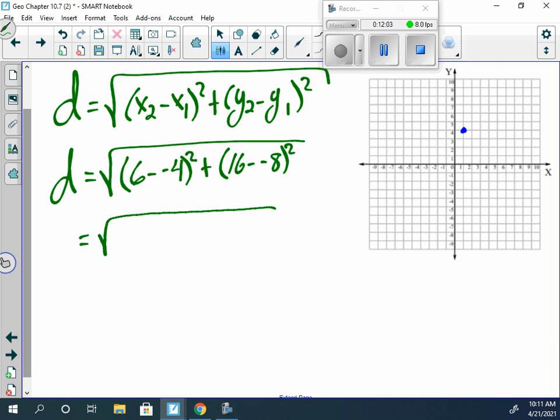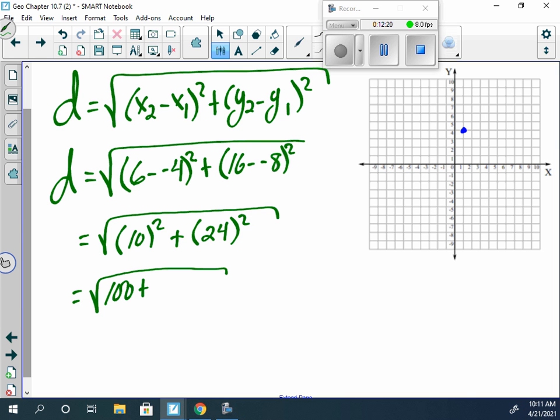But if for some reason we wanted to do it by hand, 6 minus -4 would be 10 squared plus 16 minus -8 would be 24 squared. Now 10 squared is 100.